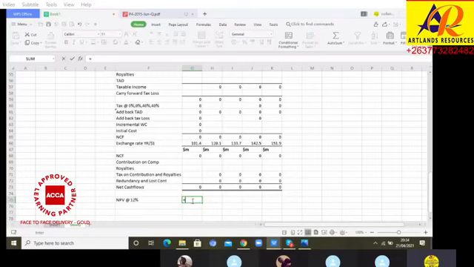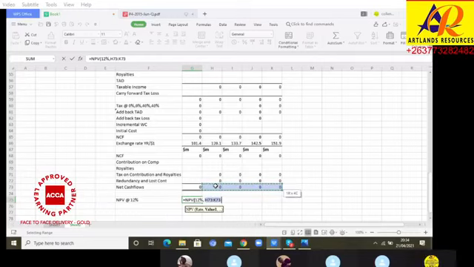I say equals NPV, bracket 12%, comma, then we highlight only the positives from year 1 to year 4.